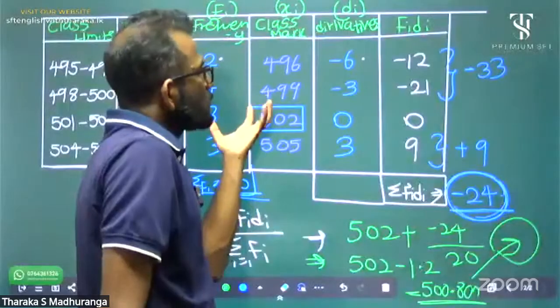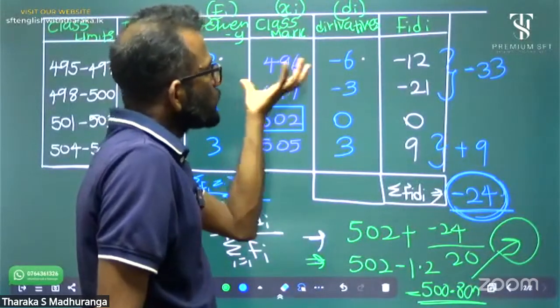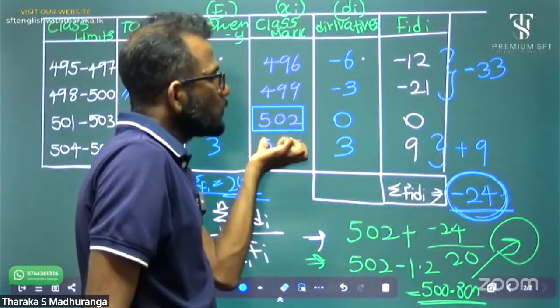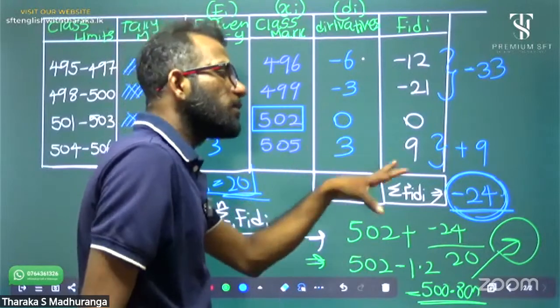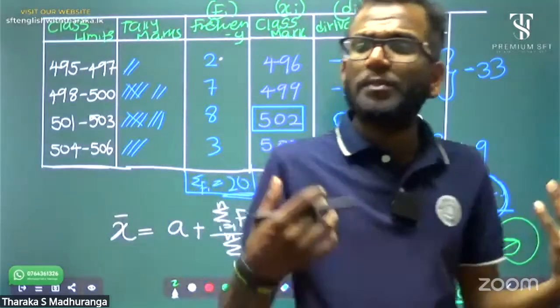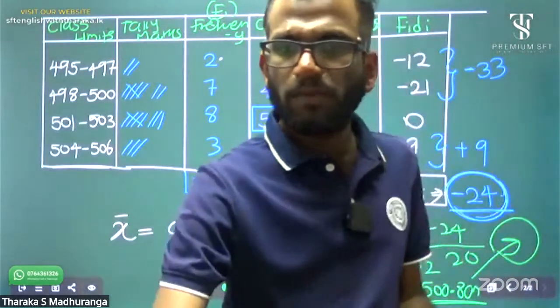But if you develop it as a group frequency distribution, and get the mean by the assumed mean method or normal method, it is a little bit different.